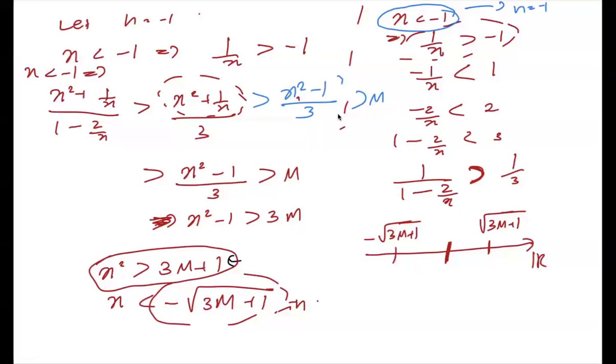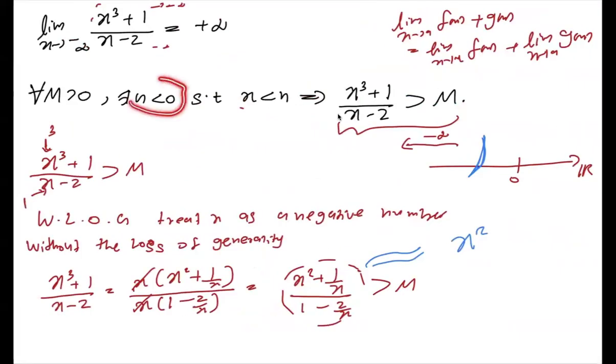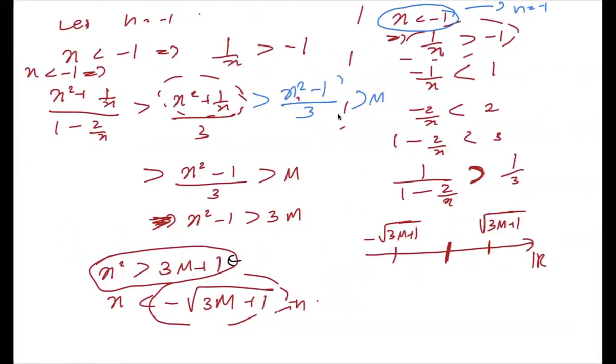So you have two ranges for x that can make this happen. One is x greater than square root of 3m plus 1, and the other is x less than minus square root of 3m plus 1. I consider this range just because I need my n to be negative. That's the reason, right? Because I cannot take this one because x is positive.